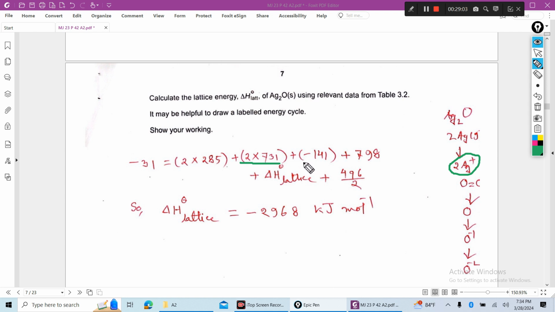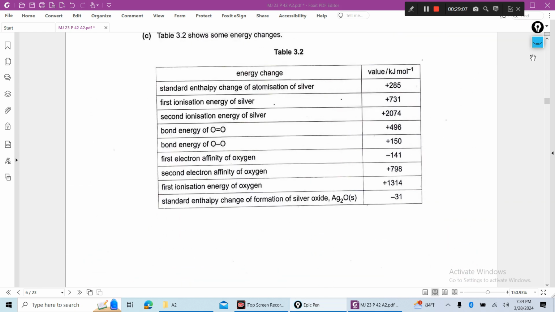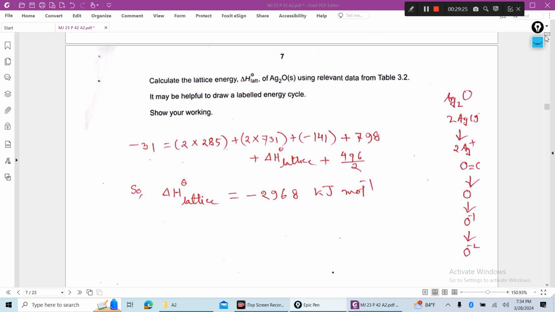Then minus 141 is the first electron affinity of oxygen, and 798 is the second electron affinity of oxygen, plus lattice enthalpy.